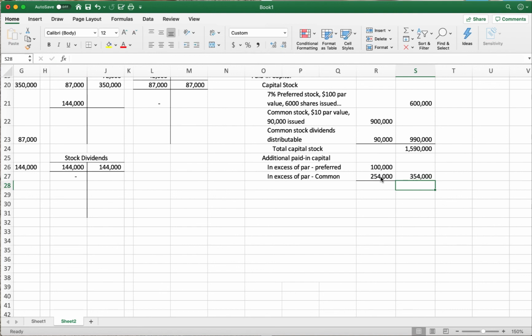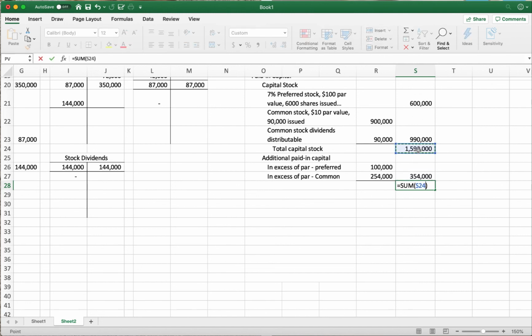And I get $354,000. Guess what this is? This is the total additional paid-in capital.